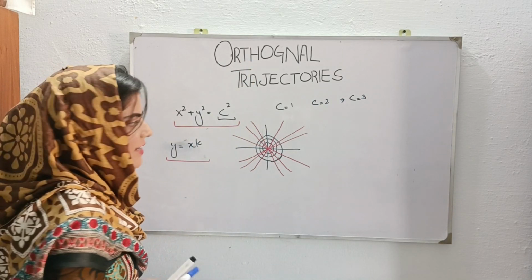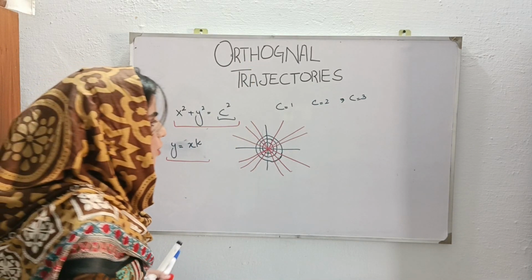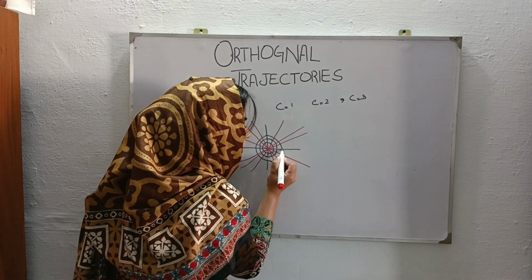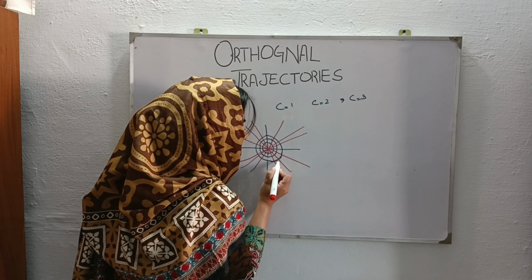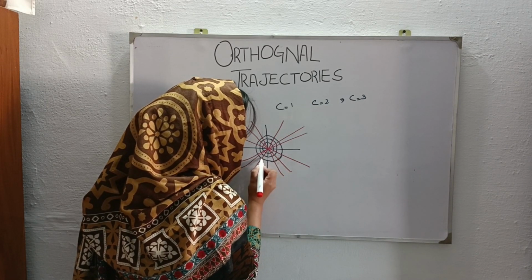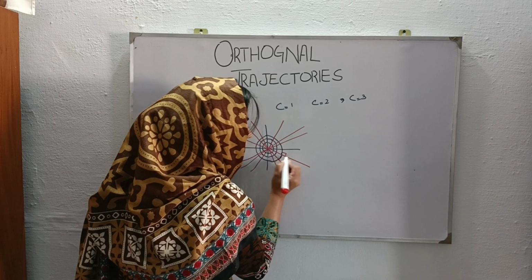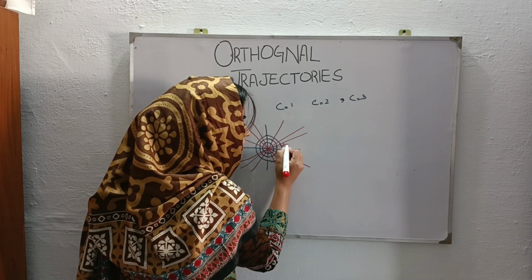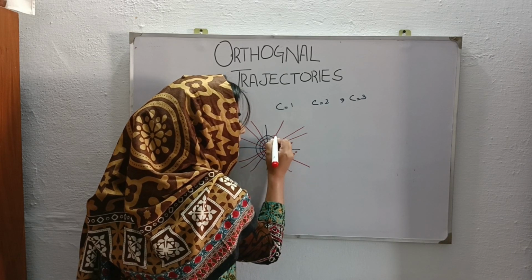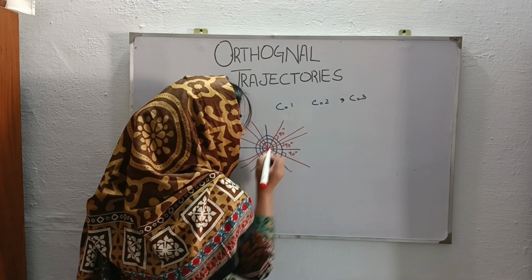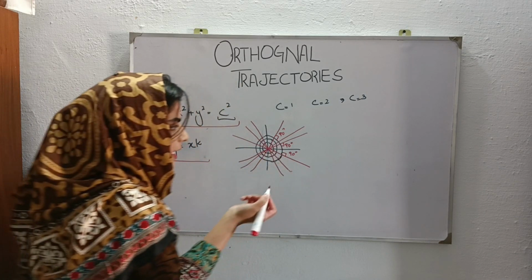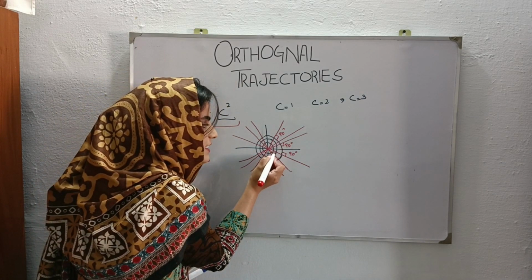Where is the orthogonality? Dear students, have a look at the point of intersection. At this point, at this point, at this point, you can see that the angle between the two curves is 90 degrees. For example, look at this point of intersection: here the angle between the two curves is 90 degrees.